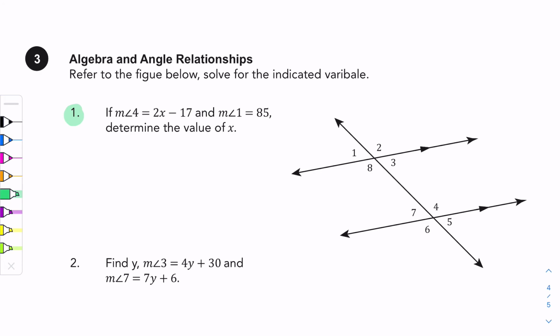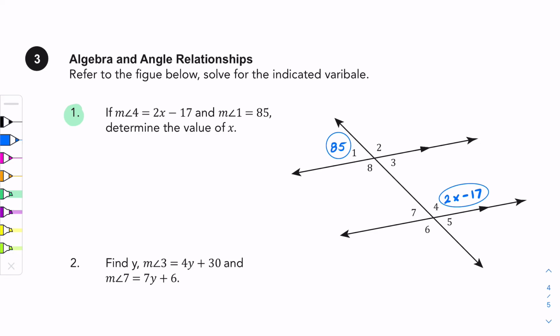Number 1 says that the measure of angle 4 is equal to 2x minus 17. It also says that the measure of angle 1 is equal to 85. We need to determine the value of x.